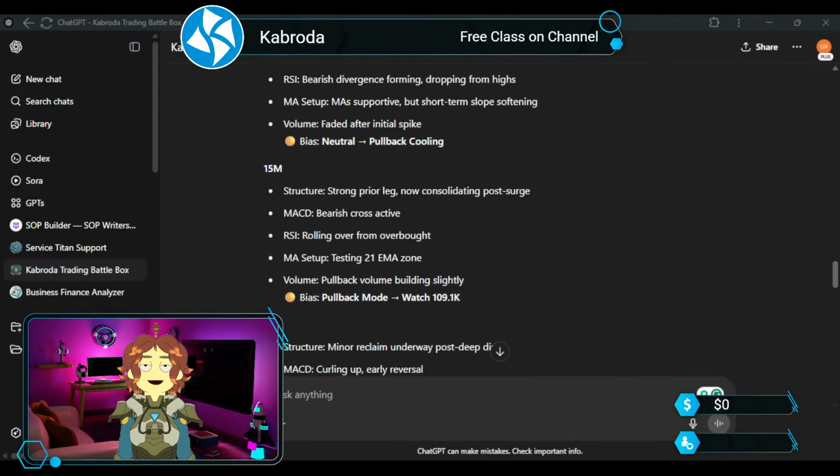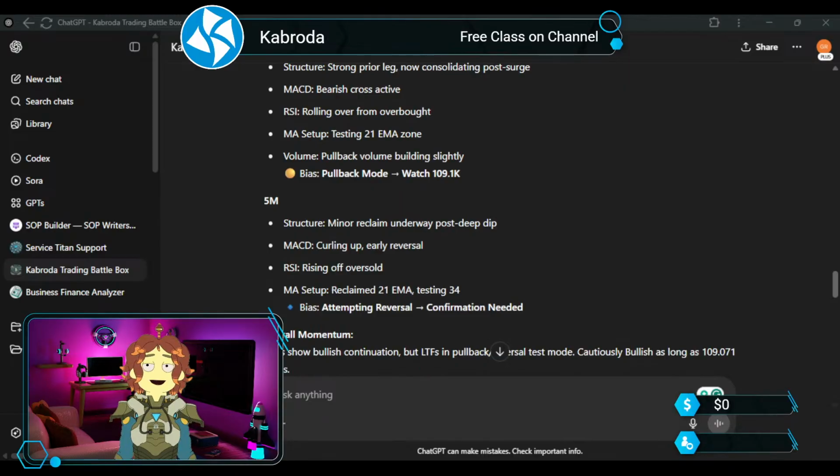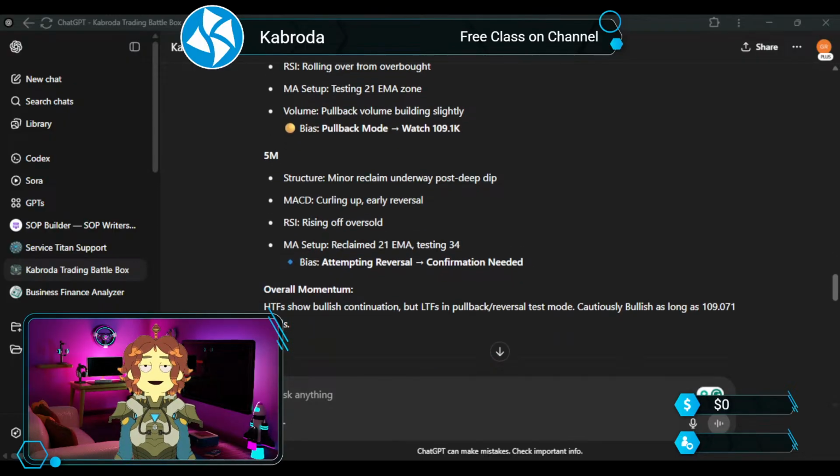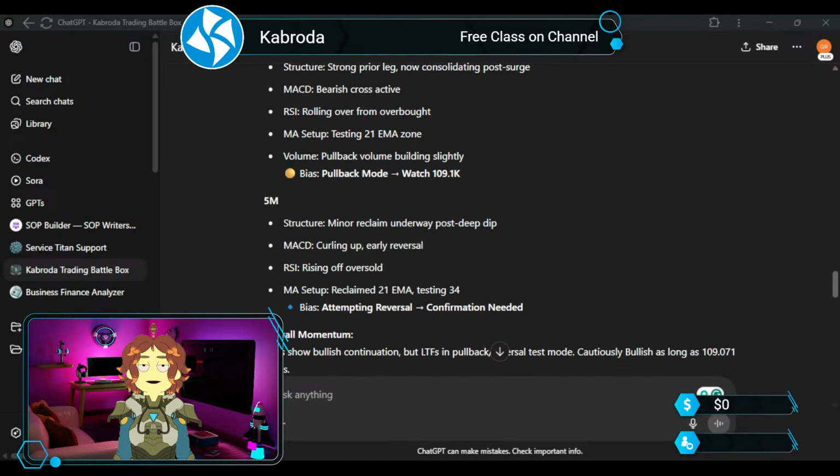Volume faded after the initial spike. Yep, I agree. So it's saying it's in pullback mode. Watch for 109.1K. Some of the numbers or targets it tries to give you are not very great because they're really close.